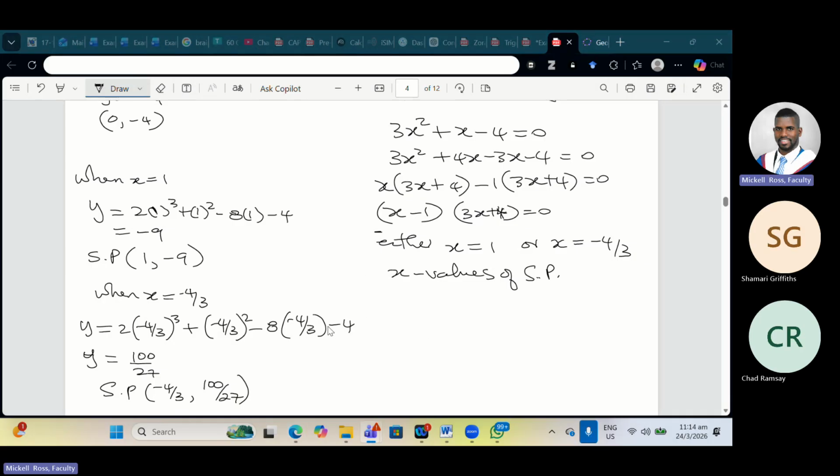All right, so these are your two stationary points, and what we're going to do now is see which is maximum, which is minimum.